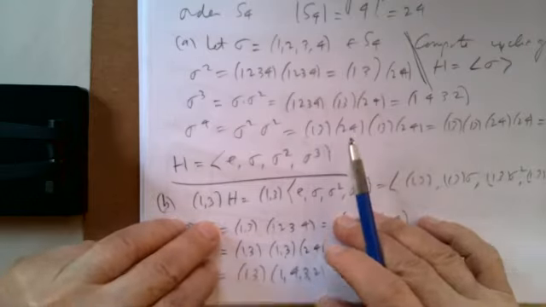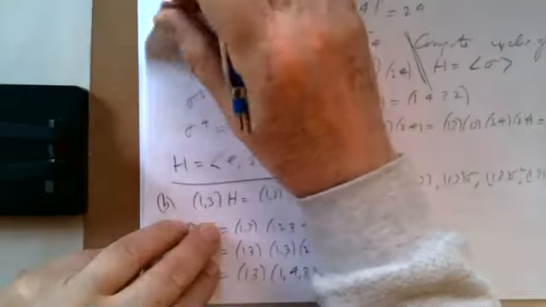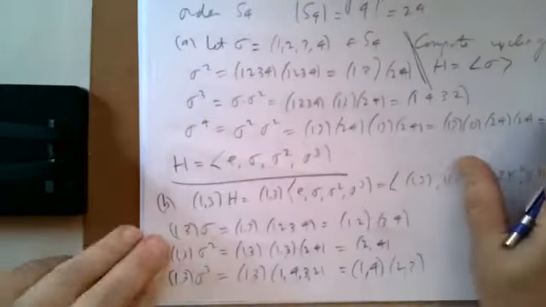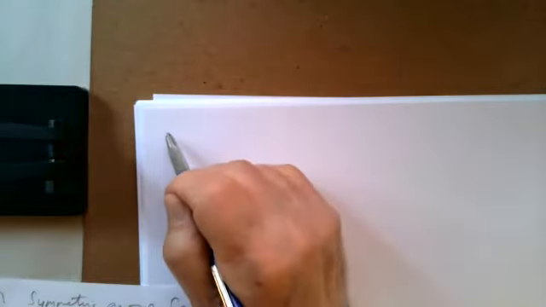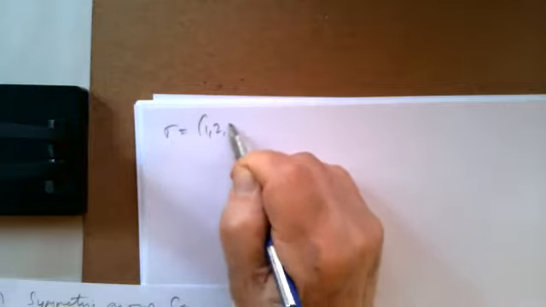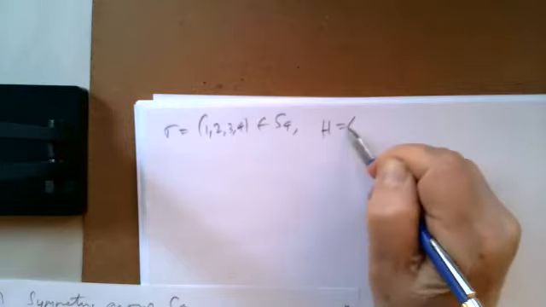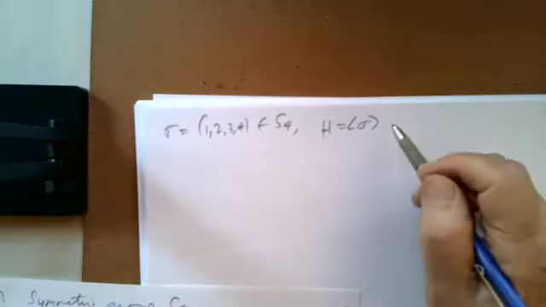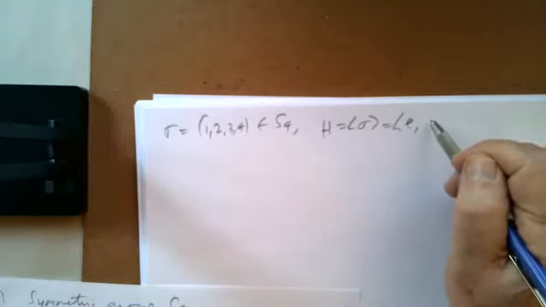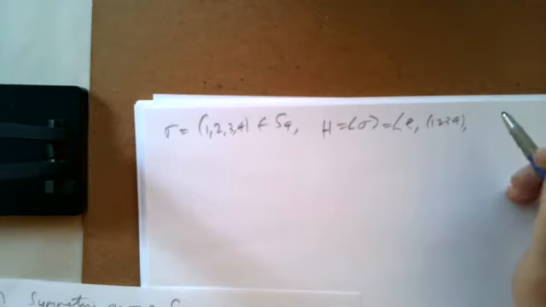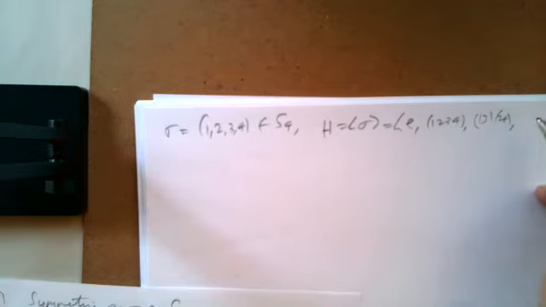So what we have is when you take sigma, the cycle (1 2 3 4) in S4, and H is the subgroup generated by sigma, that consists of the identity, sigma, sigma squared, and sigma cubed.